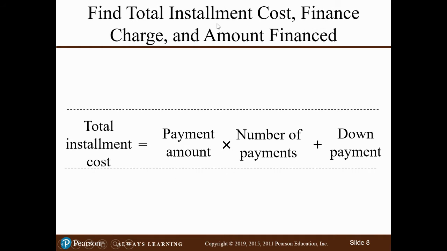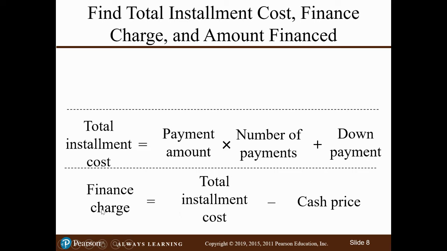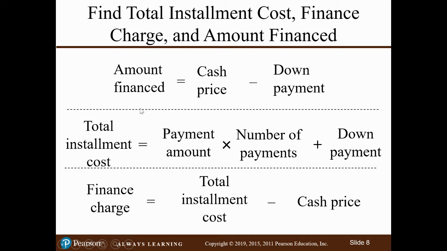And then your total installment cost will be the monthly payment times how many payments you're making plus the down payment. The finance charge is all of what you're going to pay minus the cash price. And then the amount financed is the cash price minus what you put down as a down payment. So you're going to finance this amount.